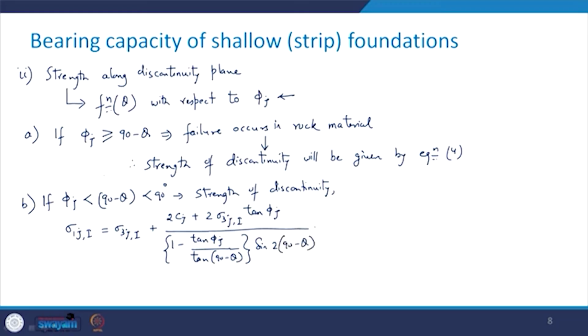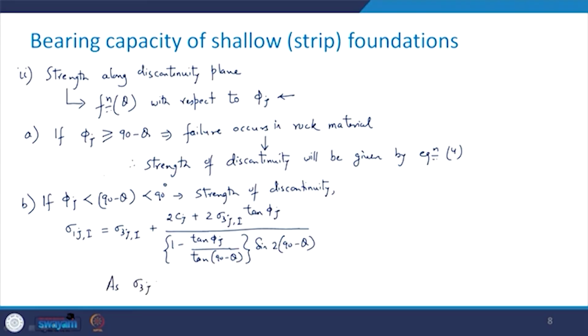This expression we have already derived when we were discussing the single plane of weakness theory. There it was in terms of beta, and here we are considering the angle theta, but it is one and the same thing.